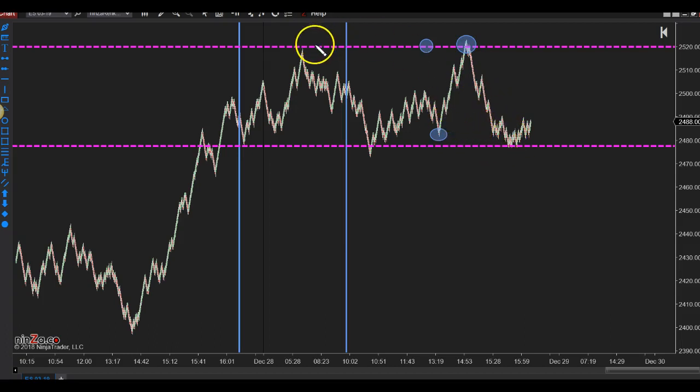And it's the same thing vice versa. If you think that the price is going to break past the floor, you want to be selling at the top.